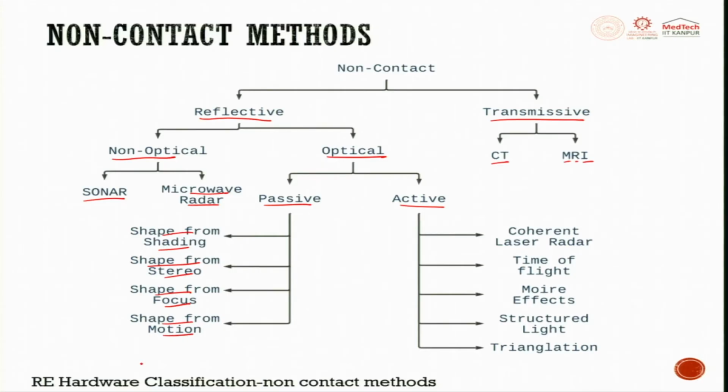So, these are not direct measurements. As I told you, the light just goes and tries to put the shape through a two-dimensional area that we have. Now, active methods are coherent laser radar, time of flight, Moire effects, structured light and triangulation.